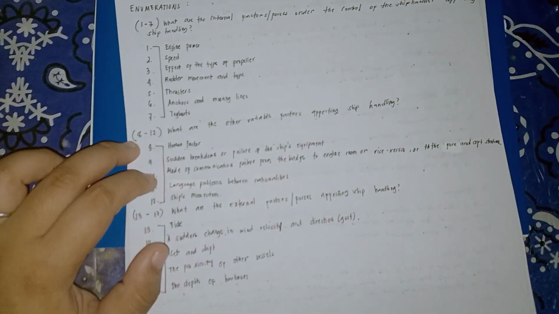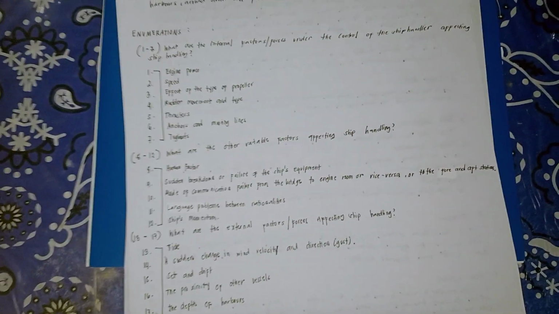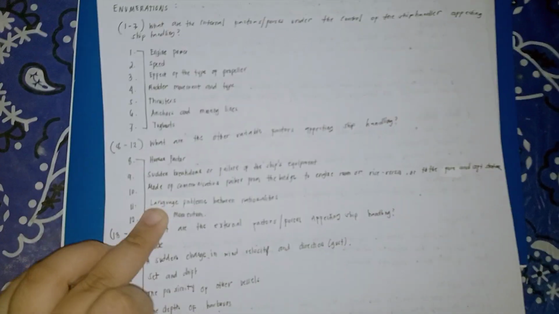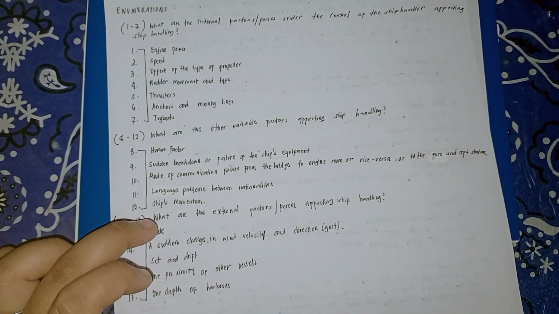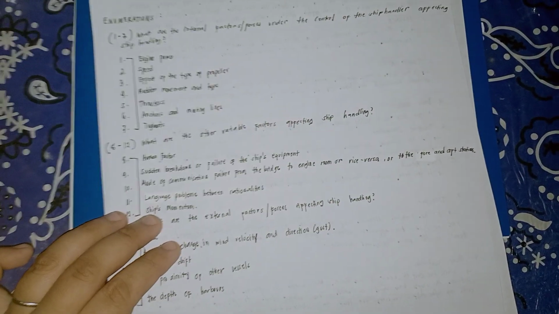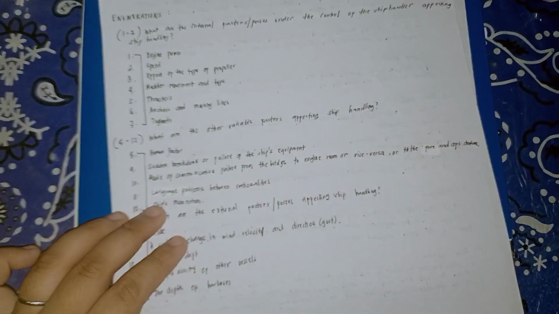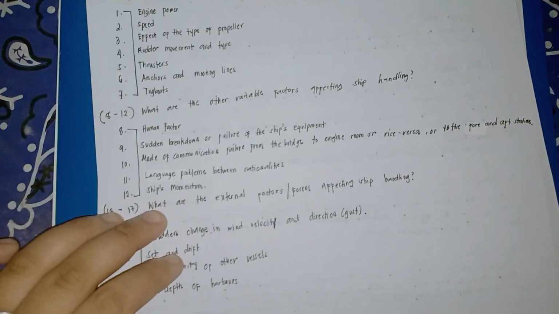So we have human factor, sudden breakdown or failure of ship's equipment. Number 10, mode of communication, failure from bridge to engine room or vice versa, or to the fore and aft stations. We have number 11, language problem between nationalities.